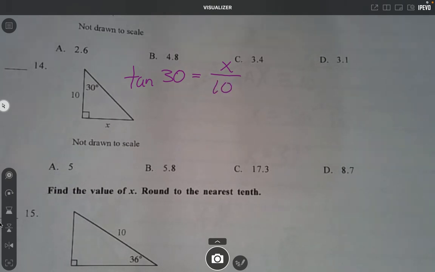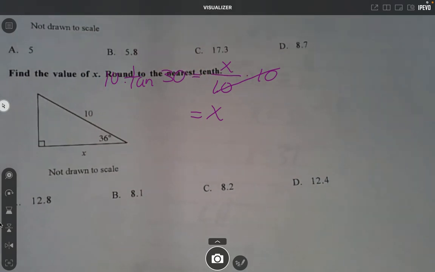So how do I solve for x this time? Multiply by 10. So type that in: 10 times the tangent of 30. You get 5.8. That's correct.